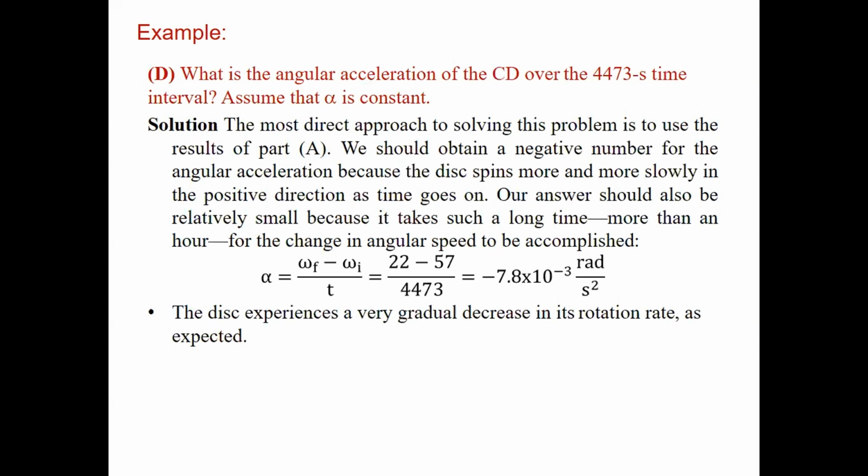So for the change in the angular speed to be accomplished, we go from omega initial to omega final in this time interval, and this is 7.8 into 10 to the power minus 3 radians per second squared. So the disk experiences a gradual decrease in its rotating rate, as we expect, because its angular velocity is reducing from 57 radians per second to 22 radians per second.